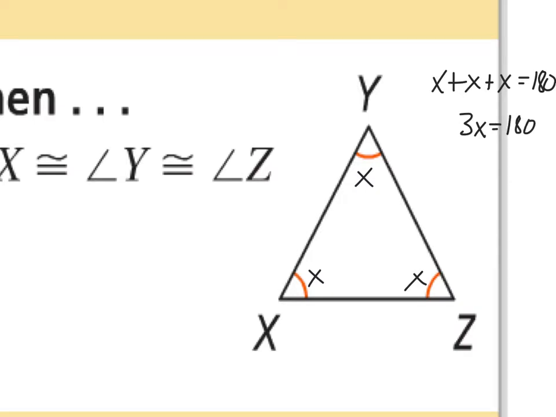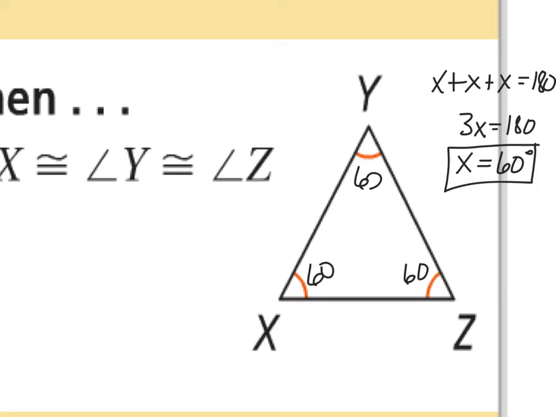And so if it's an equilateral and equiangular triangle, each angle will always be 60 degrees every time. Something you might want to write down in your notes: if you have an equilateral triangle, all angles are 60 degrees every time, all three angles. So if I were to erase here, this would be 60, this is 60, and this is 60.